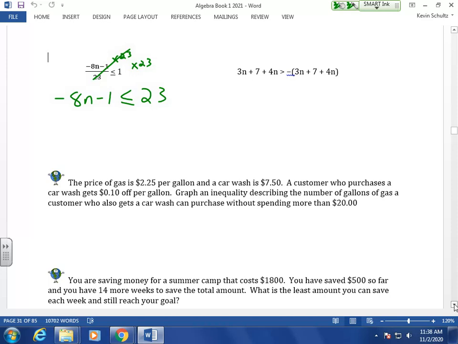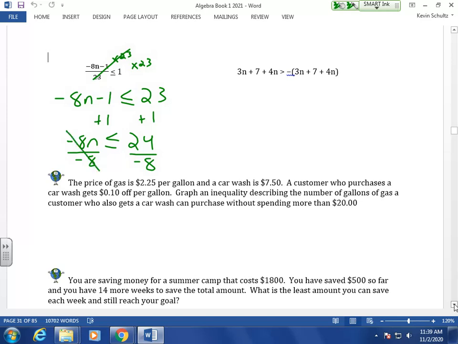Okay? Start with your constants. Opposite operations. We're going to add 1 to both sides. So negative 8n is less than or equal to 24. Now we care it's an inequality, because in this step, that's where we'll be doing our division. Divide by negative 8.